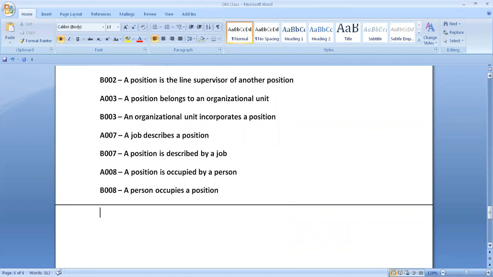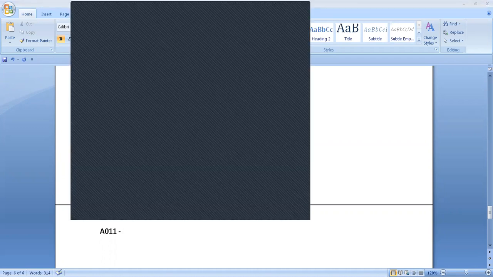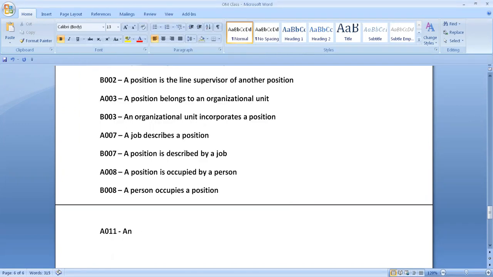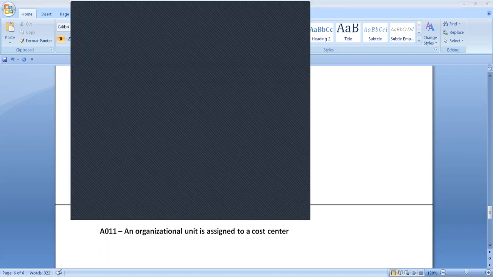Apart from that, we can talk about A011. For example, the A011 relationship. An organizational unit is assigned to a cost center.